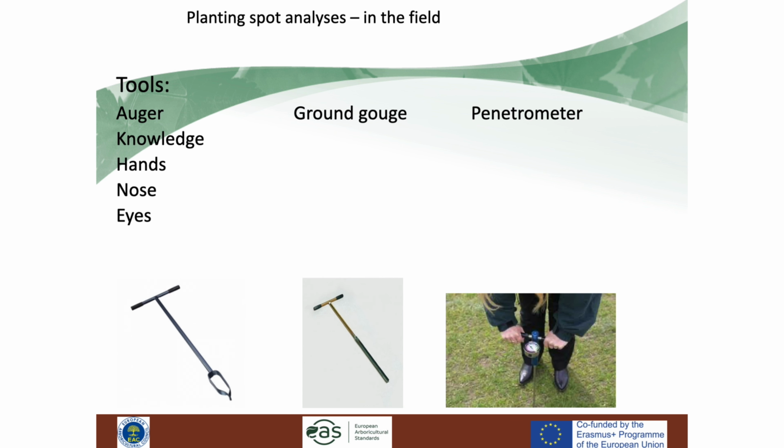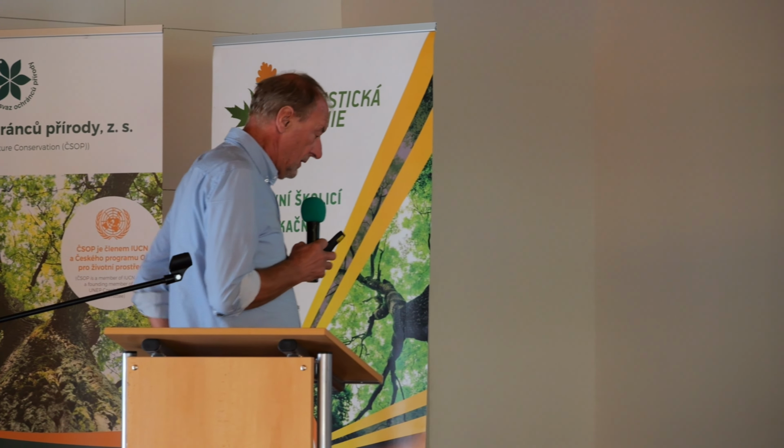Of course, you have to look at the underground obstacles. And in the city, there are a lot of obstacles. Infrastructure, for example. We know all kinds of pipelines and cables and all that kind of stuff. Sometimes you get a contract, you have to plant trees in a special street. The first thing is to look at the map: are there any, or how many, infrastructure in the ground?